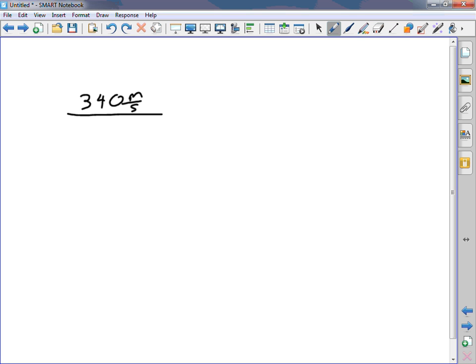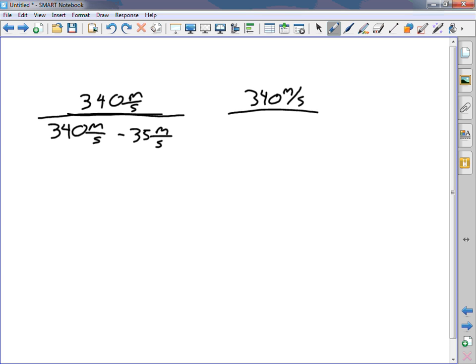All right, so let's actually work this problem with units. Let's do this conceptually in mathematics. First step would be to do 340 minus 35, so this becomes 340 meters per second divided by 340 minus 35 equals what? 305 what?